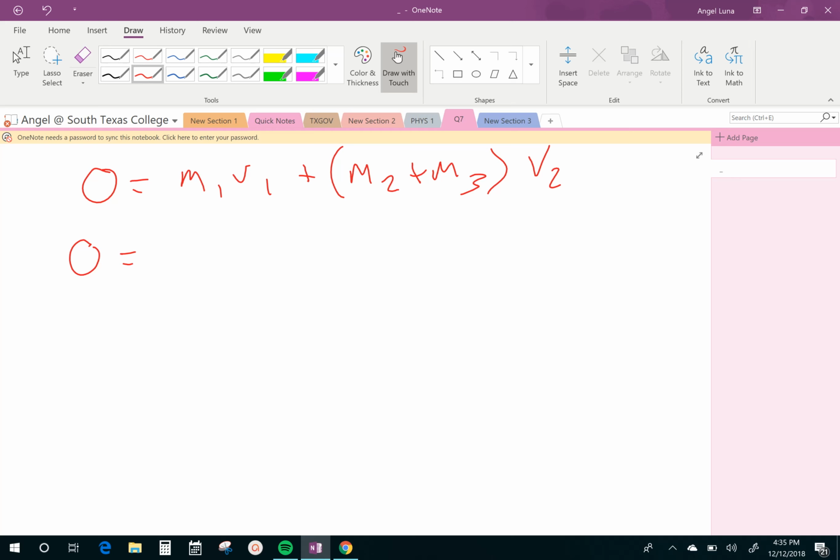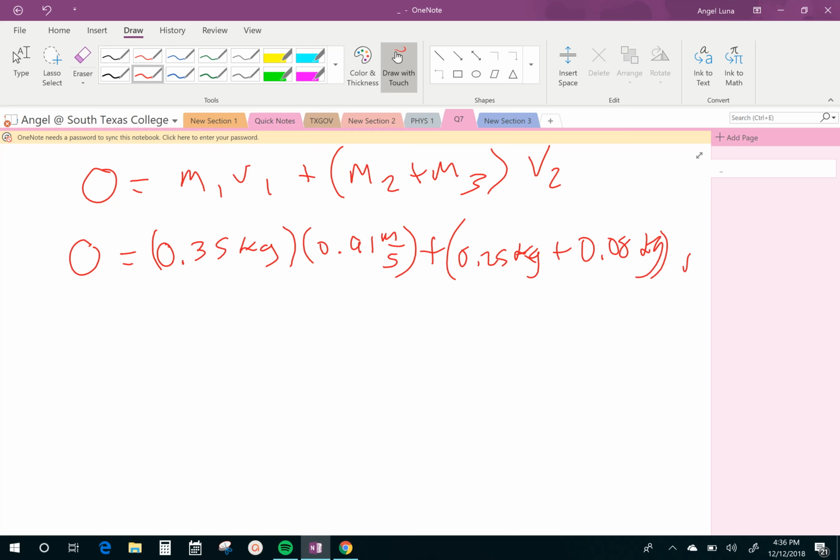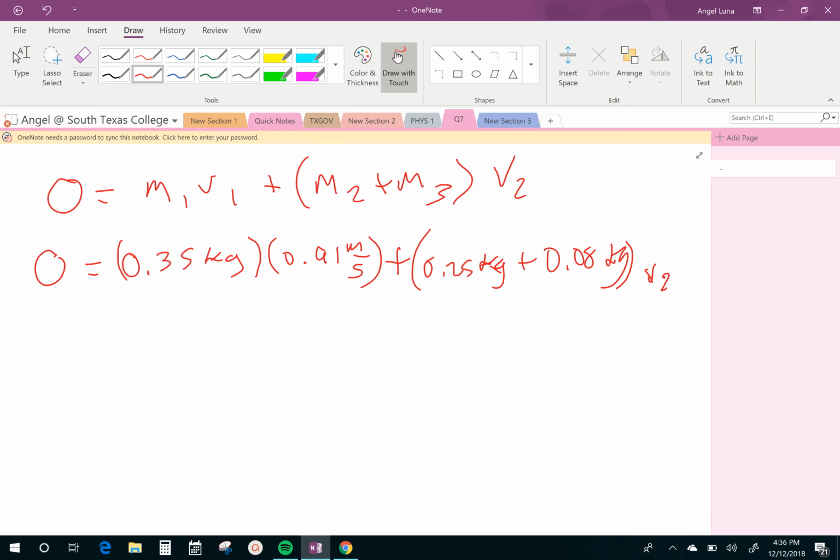Now let's set up these variables. This is the mass of the first cart, and of course v1 was given to us. The mass of the second cart is 0.25 kilograms. The mass of the mouse is 0.08 kilograms, and v2.